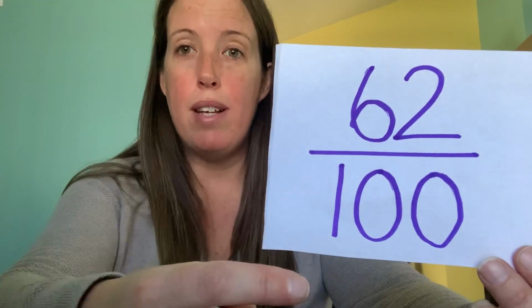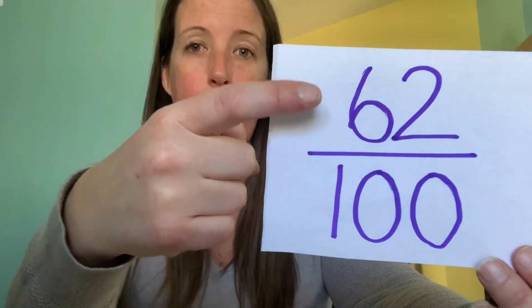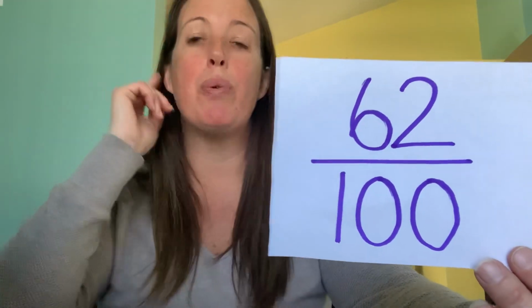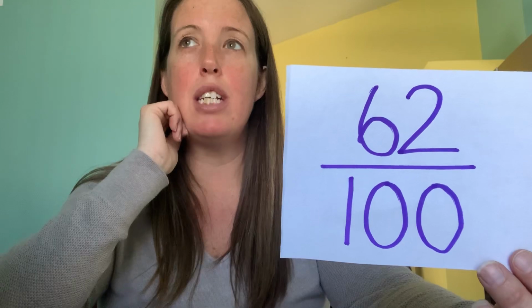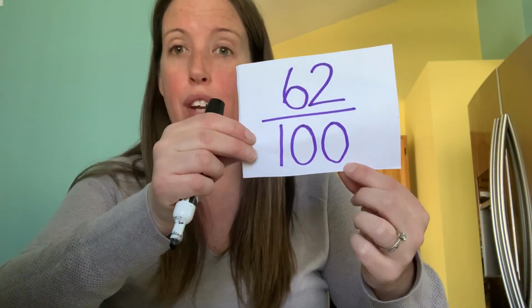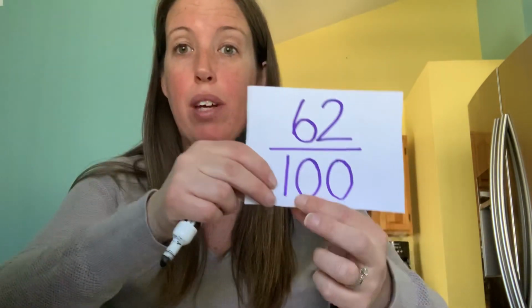So when I read this, I'm going to read it as 62 hundredths. So think about what that sounds like, 62 hundredths. 62 tells me the number I'm going to be writing. That word hundredths tells me in my place value mat where I'm going to finish writing my number, in which place value, the hundredths place.